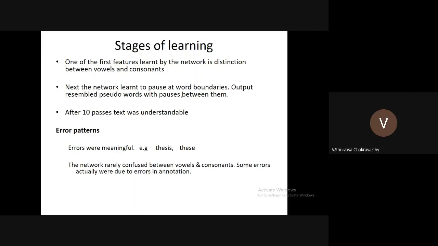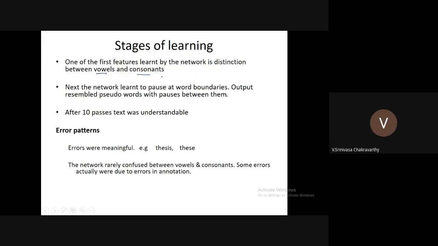One of the first things found was that the network was able to classify between vowels and consonants. This is what I was telling you in the last class, that the neural network will be able to extract features. It will generate representations which are not meant by the training process itself.